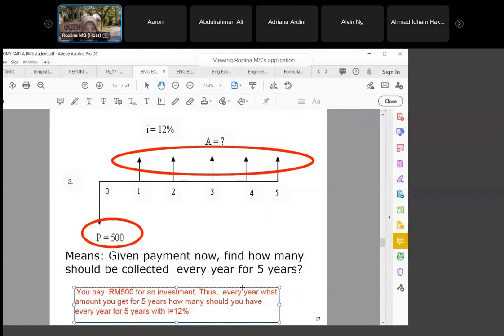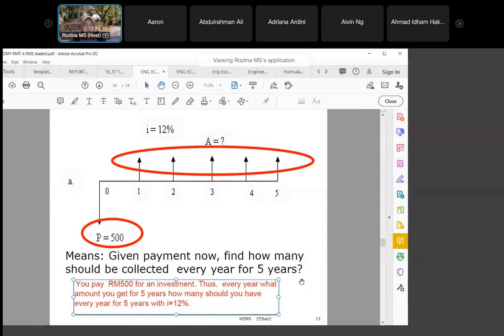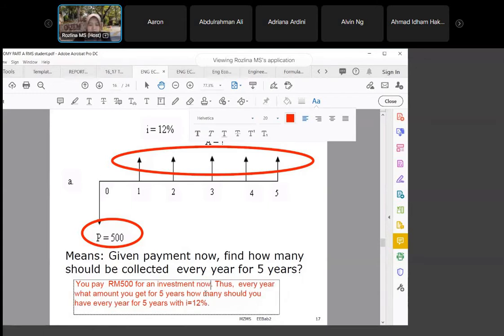This is like a case study. Given payment now, you pay now. So what is the annual amount, how much should be collected every year for 5 years, or you pay 500 ringgit for an investment now. They usually use the word now.